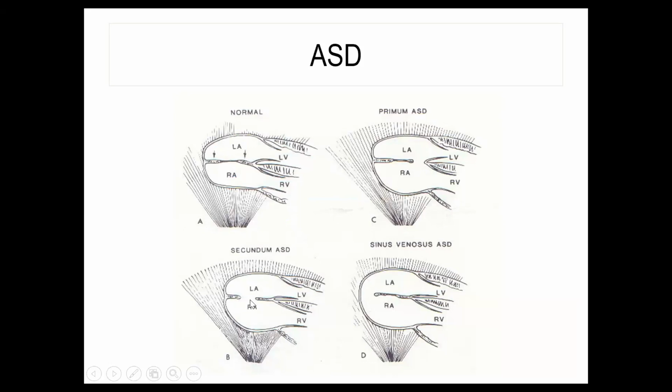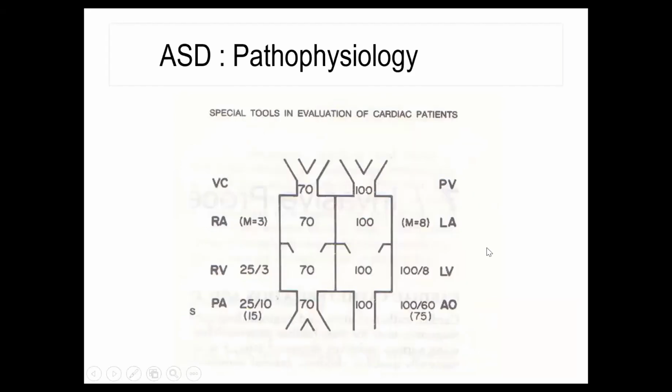If it is present in the fossa ovalis region, it is known as secundum. If it is present at the superior surface where the IVC and SVC are present, it is known as sinus venosus ASD. The majority of this type of ASD is not seen in transthoracic echo; we only see indirect findings of a dilated RV and RA. Got it? Yes, sir.